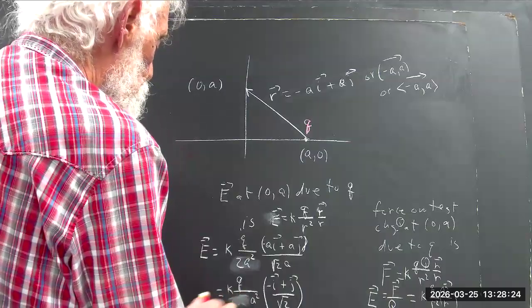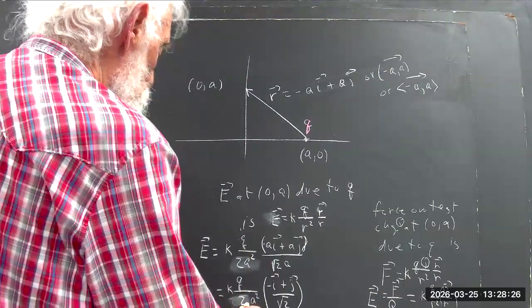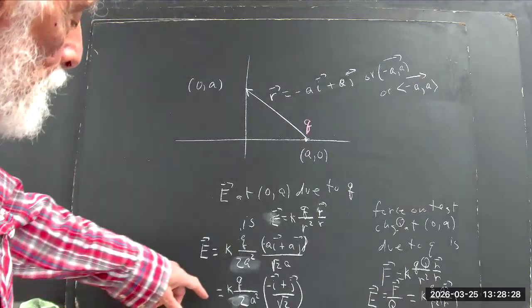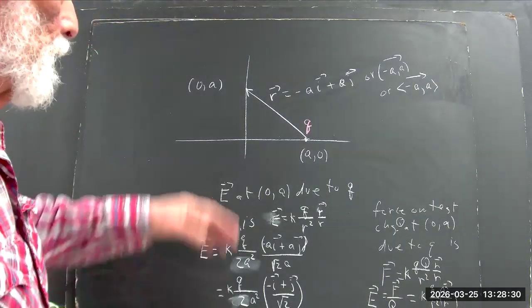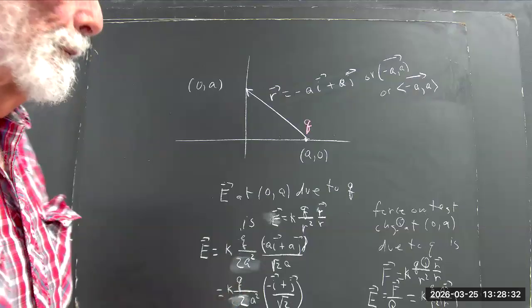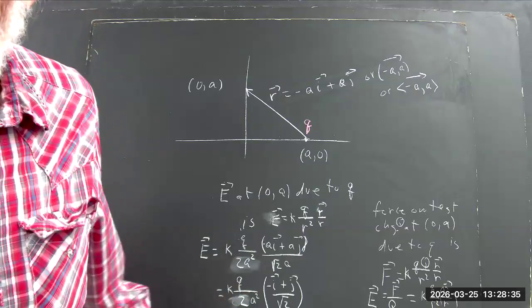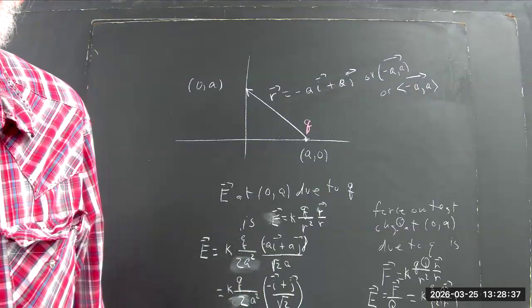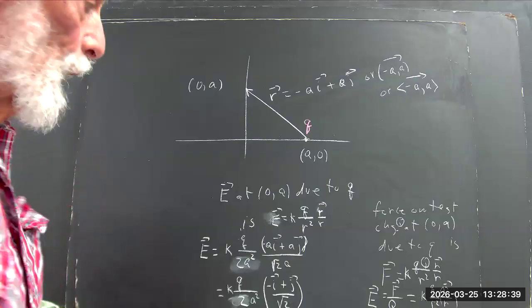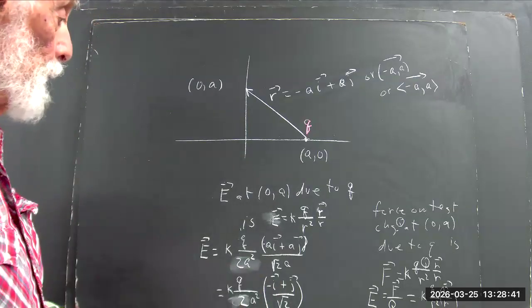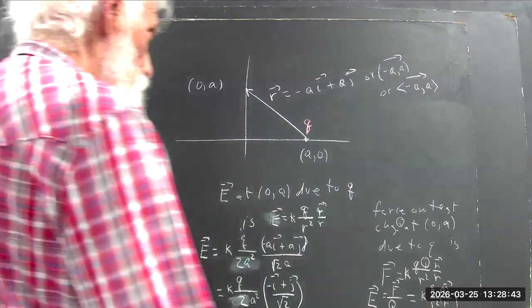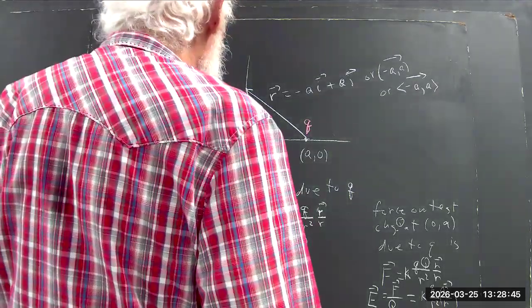And I didn't need the square root of 2 over here. What was I thinking? Okay. So anyhow, you just put the expressions in, and you get this. It's in the direction of negative I plus J. And you could even draw it up here.